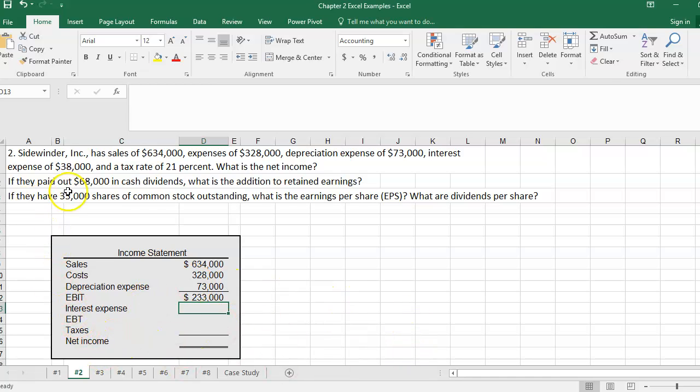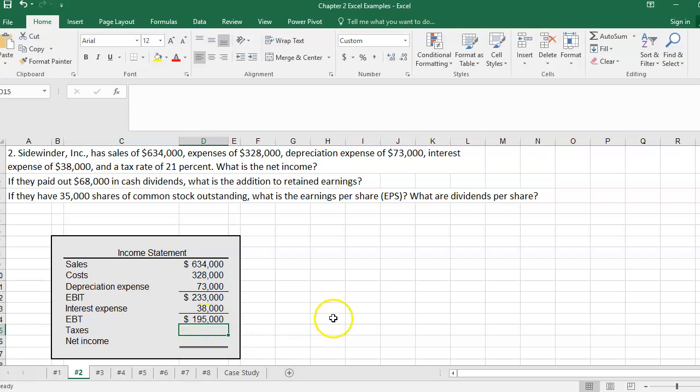We then have our interest expense of 38,000. So our earnings before interest and taxes minus our interest expense gives us our earnings before taxes. The next thing we need to calculate for our income statement is the amount of tax that we owe. This problem tells us that we have a tax rate of 21%.